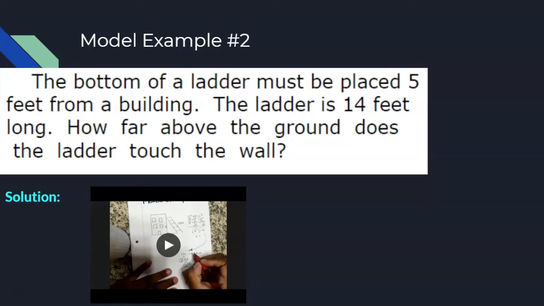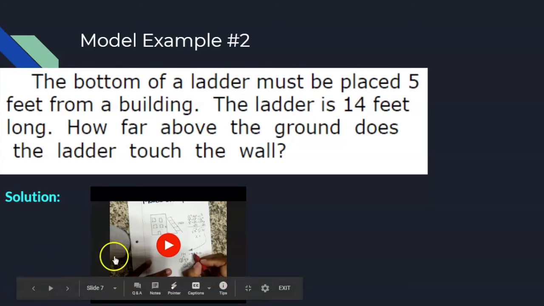Okay, so it doesn't have to be artist quality. You want to have a building, the ladder leaning against it, so that you want to be able to see your right triangle. So let's look at the solution.